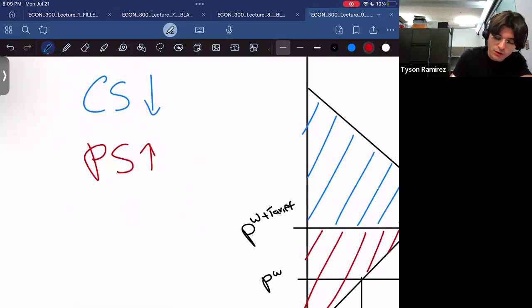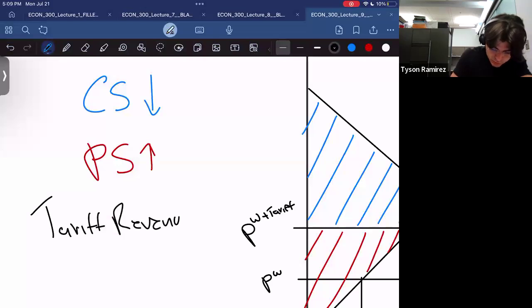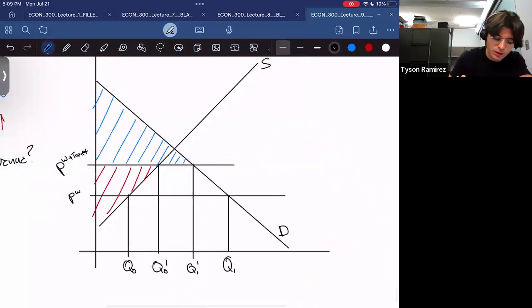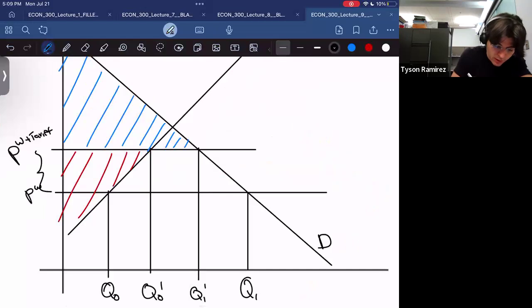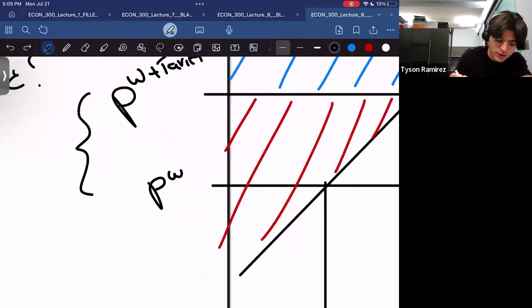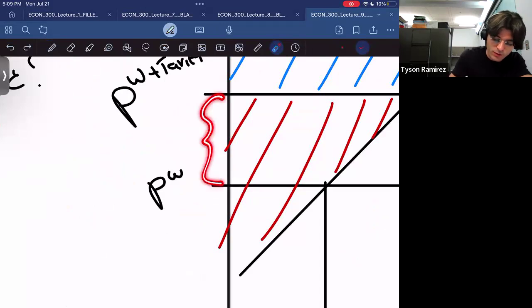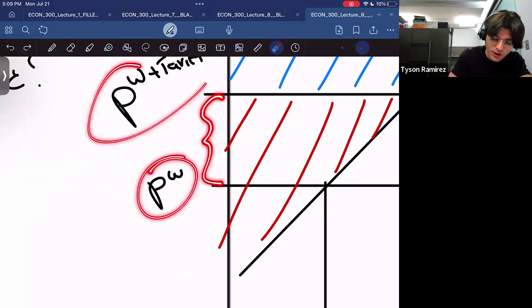What about tariff revenue? Well, the amount of the tariff is this gap right here, right? That gap is the difference between the world price and the world price with tariff.